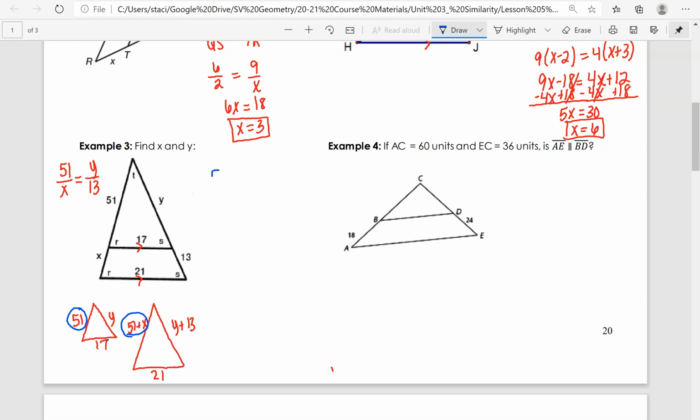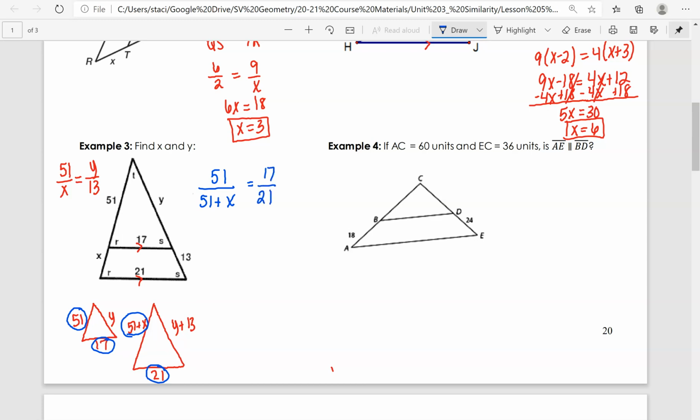So if I set a proportion, 51 matches up with 51 plus x on the other triangle. And then I could create a ratio of the bottoms of the triangles, so 17 to 21.